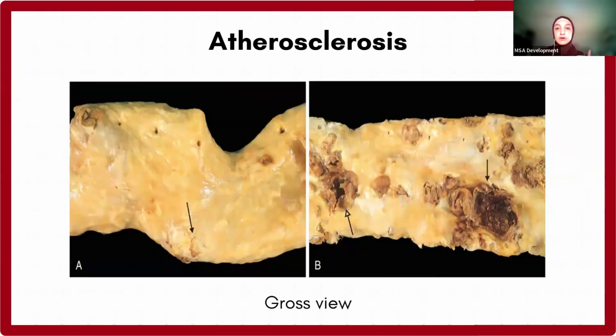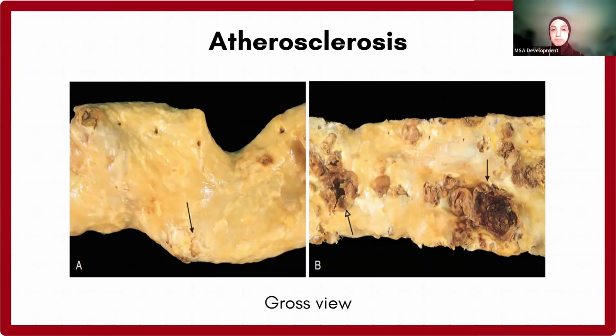Now, the risk factors that come with atherosclerosis include hyperlipidemia, hypertension, diabetes, smoking, and so forth. The deposition of all the substances related to these risk factors into the arteries will lead to the formation of this appearance.